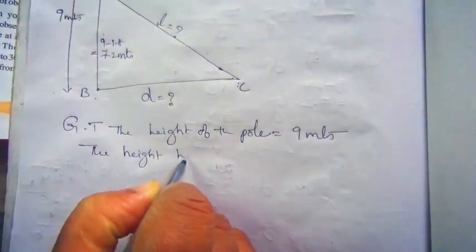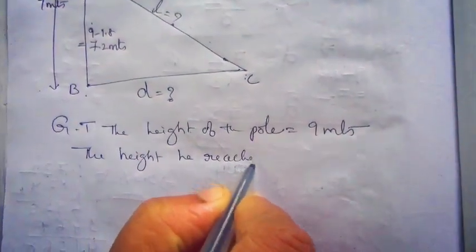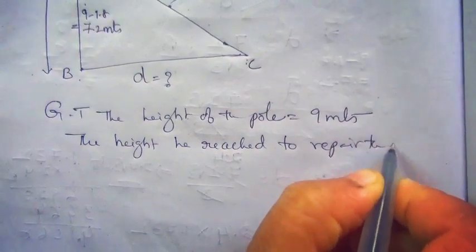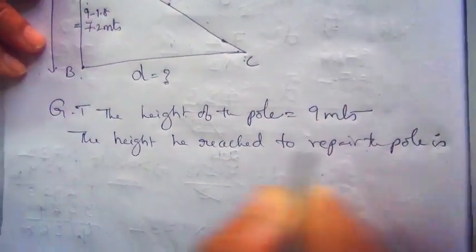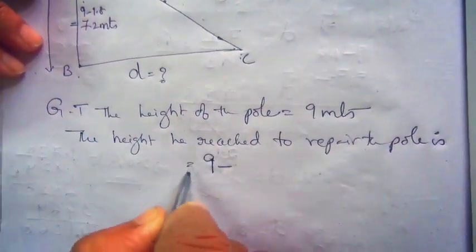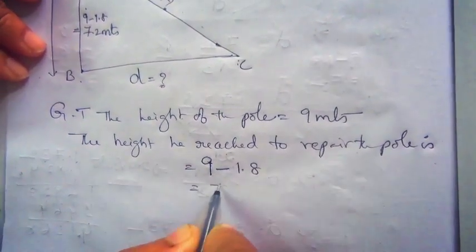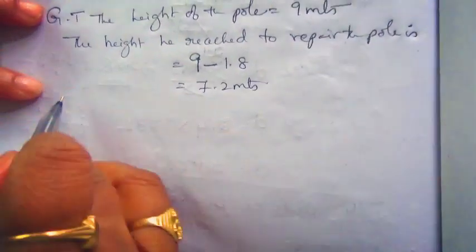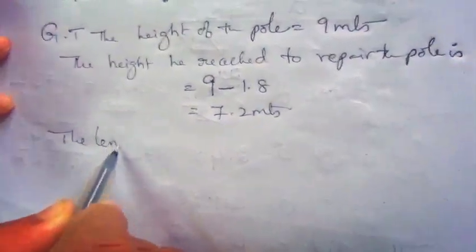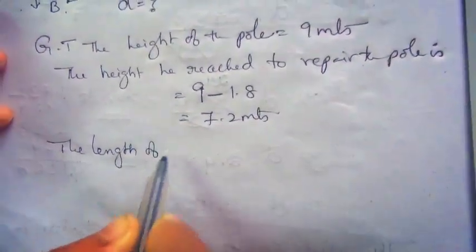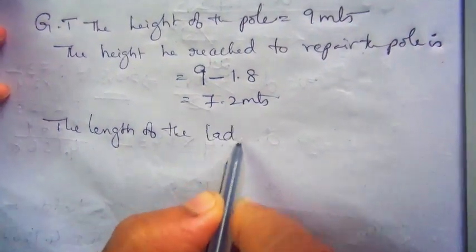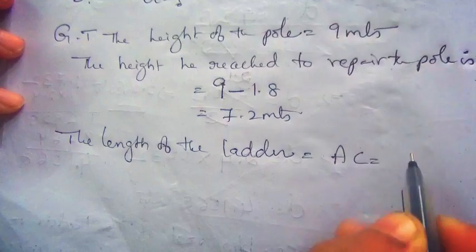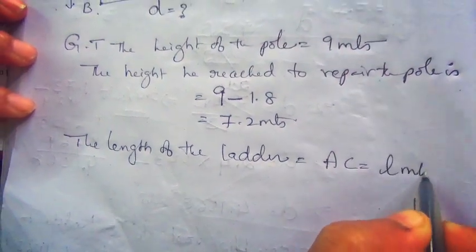The height he reached to repair the pole is 9 minus 1.8, that is equal to 7.2 meters. The length of the ladder, which we don't know, that is AC, is equal to L meters.